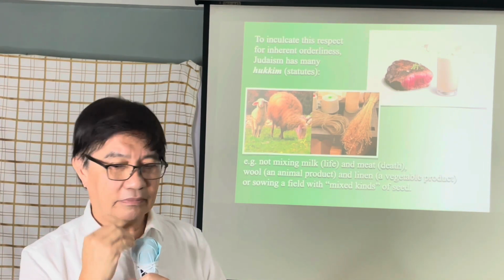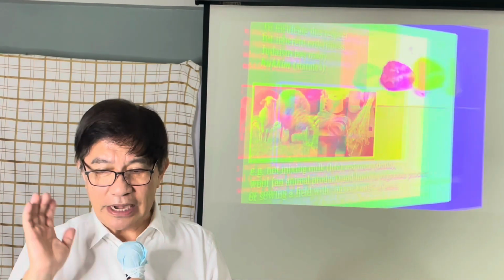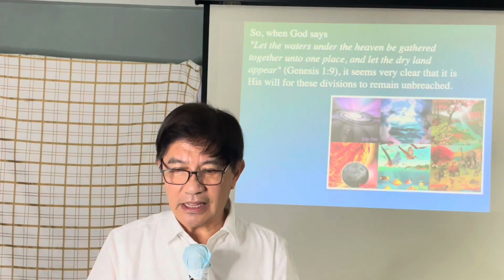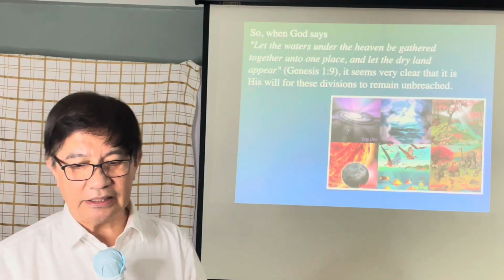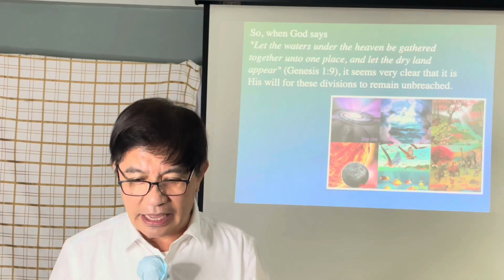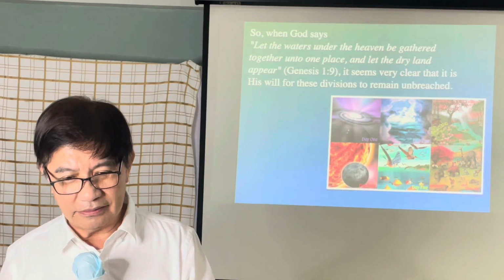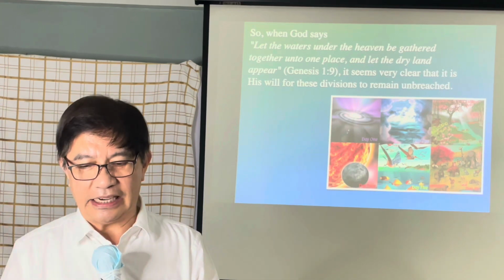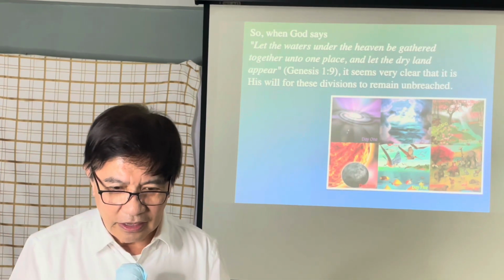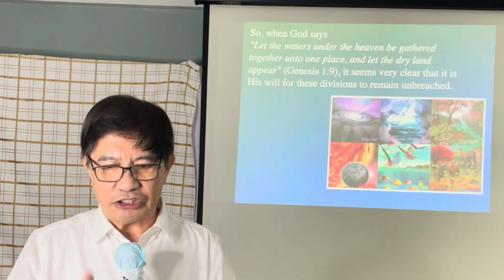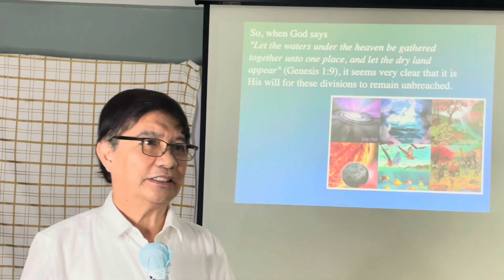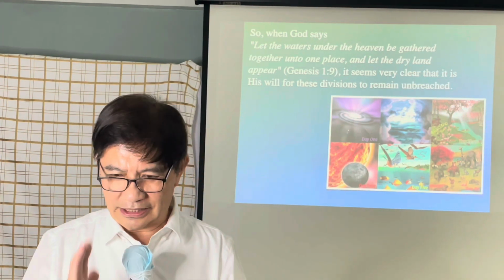So when God says, let the waters under the heaven be gathered together unto one place, and let the dry land appear, it seems very clear that it is His will for these divisions to remain unbridged. It has to be.